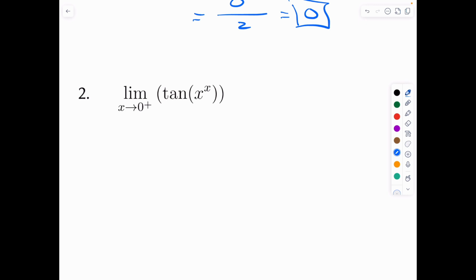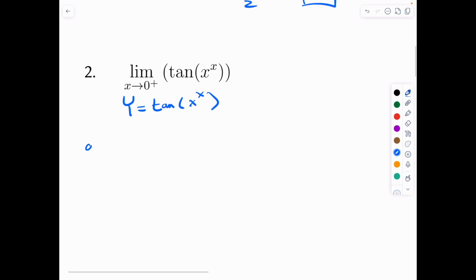So what I'm going to do is I'll do this in stages. So I'm going to let y equal the tangent of x to the x, and then I'm going to compute the arctan of y, which is just going to be x to the x. So that's my first little nugget.